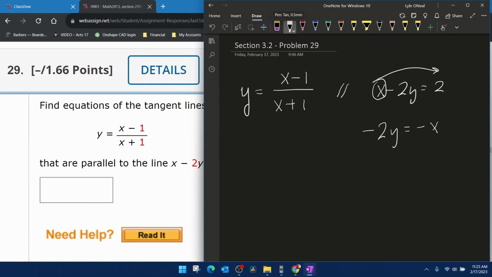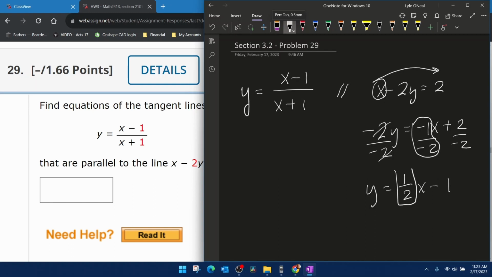That'll make that negative x plus 2. And then divide everybody by negative 2 to get the y by itself. And so we can see that that's going to give us a slope of positive half. And I don't really care about the y-intercept. This is all I care about, what the slope of the line is.